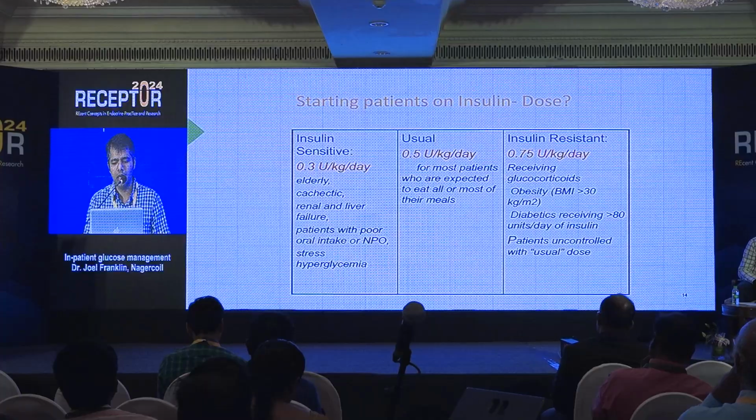For usual patients, most patients who are expected to eat all or most of their meals, go with 0.5 units per kg per day. If they are highly insulin resistant, receiving glucocorticoids, obese, or diabetics receiving more than 80 units per day of insulin, then you go with 0.75 to 1 unit per kg per day.